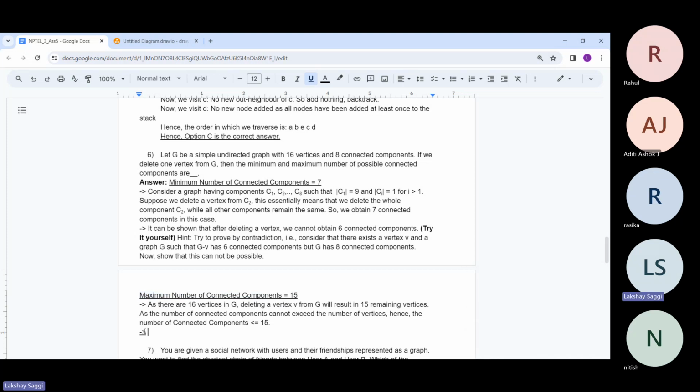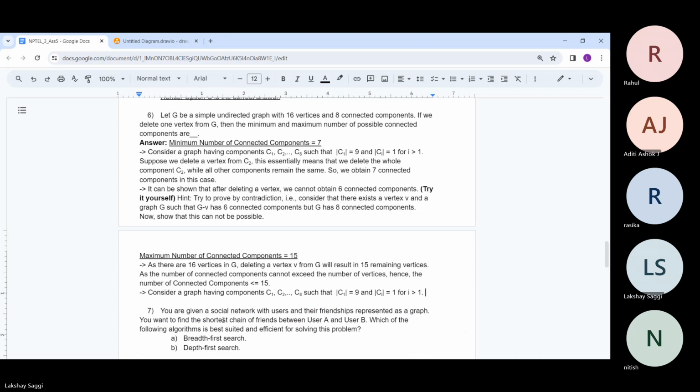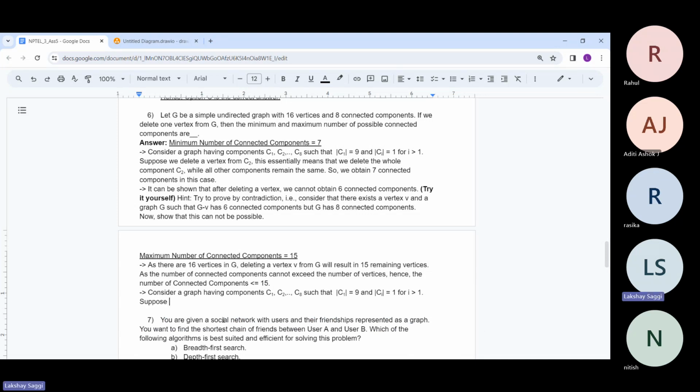So now giving an example for the same. I'll just copy this example first, and I'll give a structure to C1. Suppose C1 has a star-like structure. And what's a star-like structure?